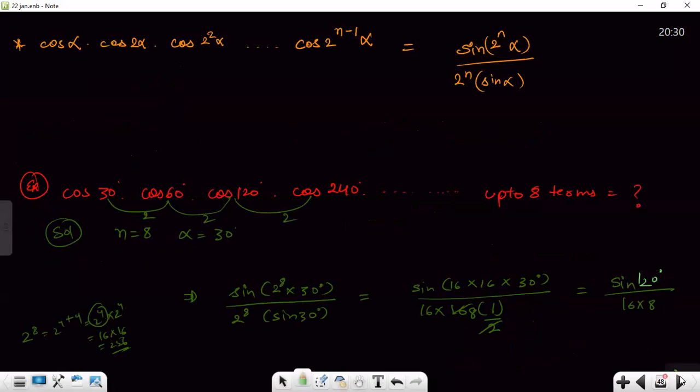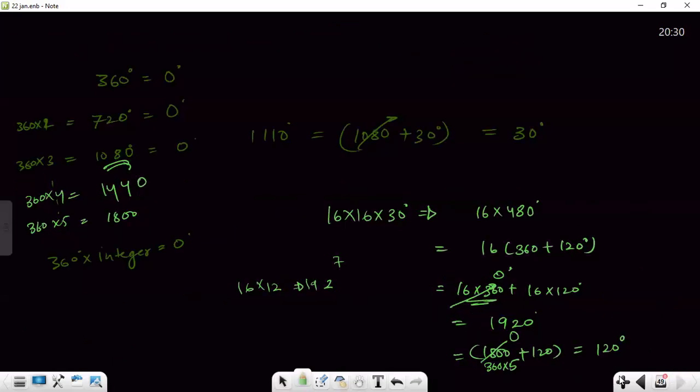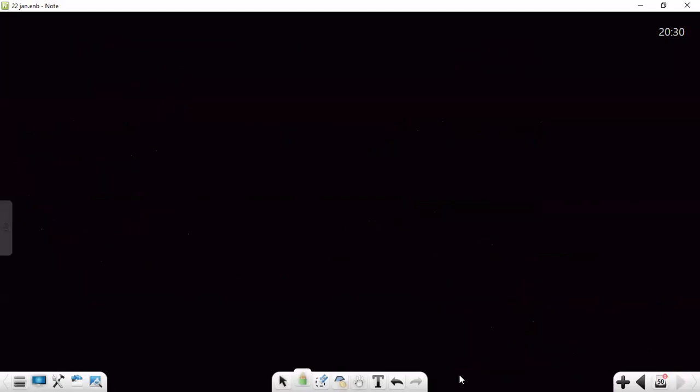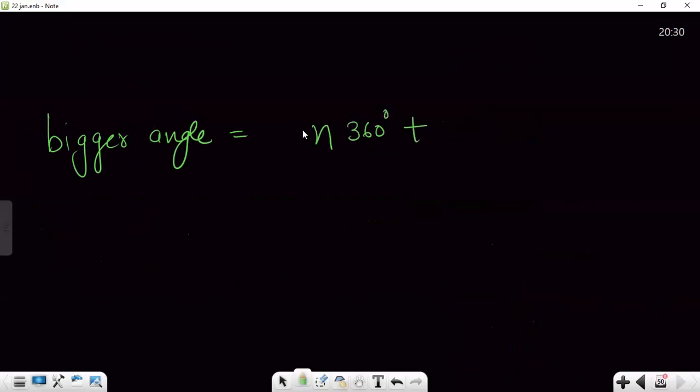Basically, what we have done is that any bigger angle we have to represent as an integral multiple of 360 degrees plus whatever remains. So the angle can be written as x degrees, because an integral multiple of 360 degrees is 0.